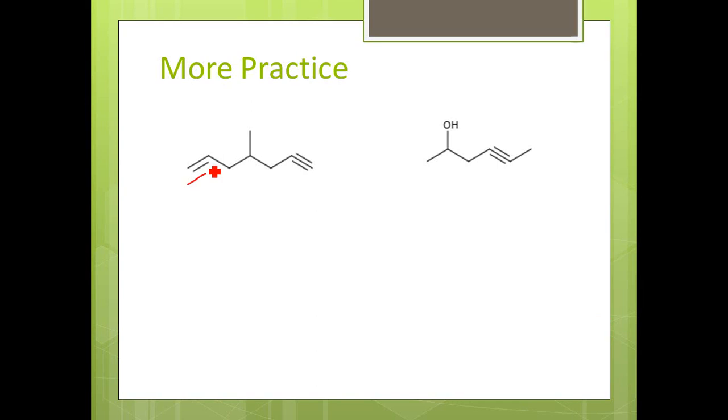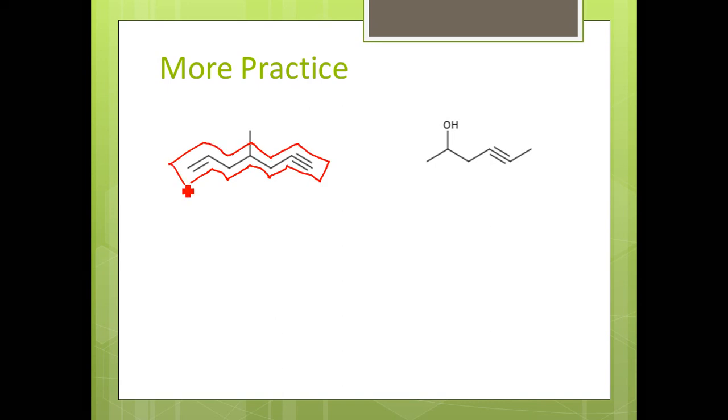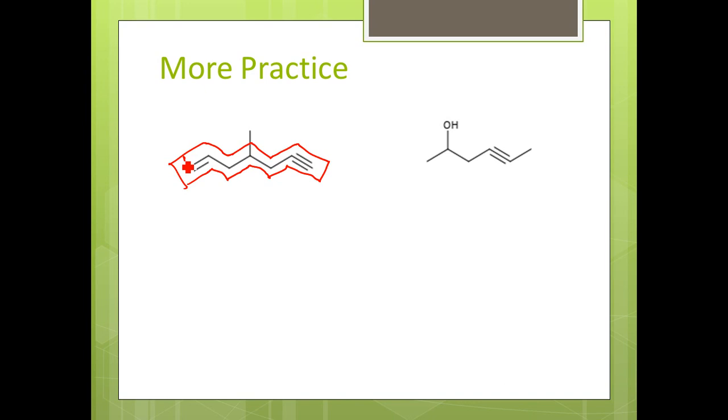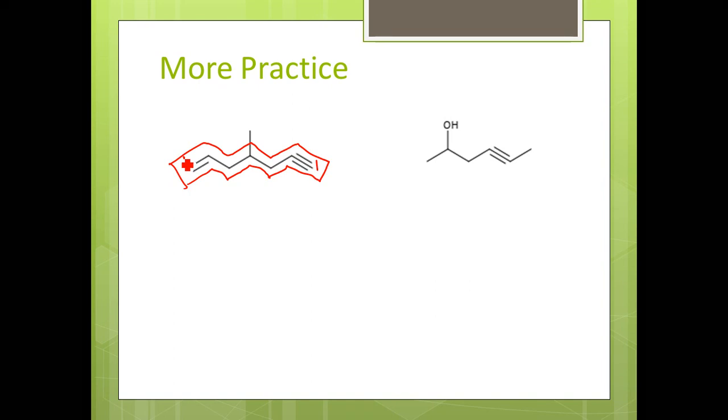Alright. Last little weirdness that pops up. Since the double bond and triple bond have the same priority, when they're a tie, we have to have a tiebreaker. So what I mean by a tie, I either have the double bond starting at 1 or the triple bond starting at 1. Normally we would just go with the one that starts at the lowest value. In this case, it doesn't make a difference.